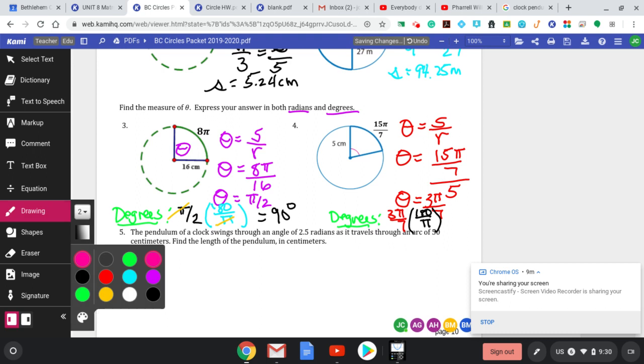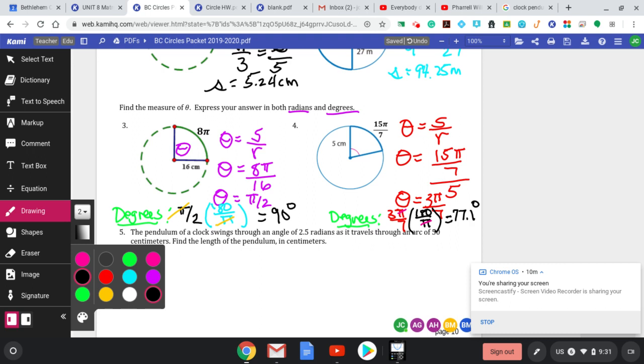Okay. So get rid of that, get rid of that. And we end up with, it's going to be a little bit of a decimal here. I'm just going to round to the nearest tenth and say 77.1 degrees.